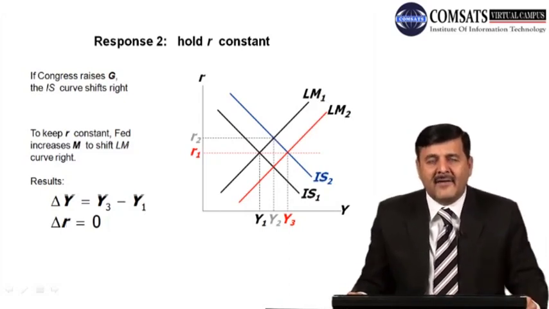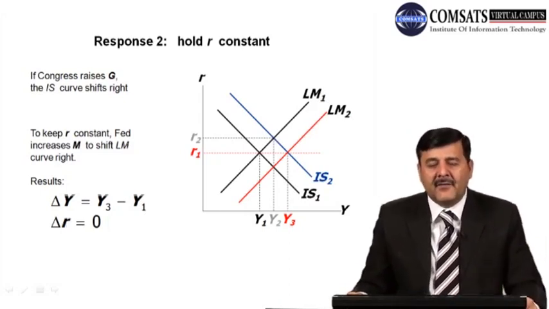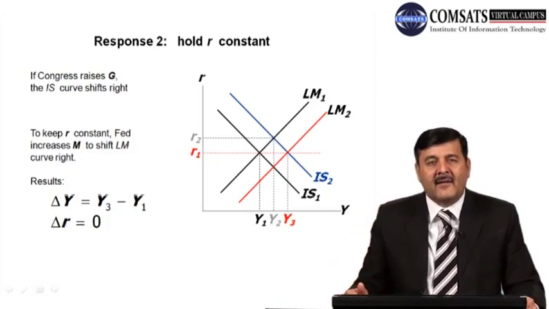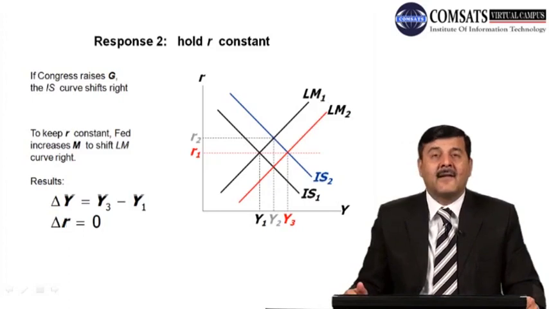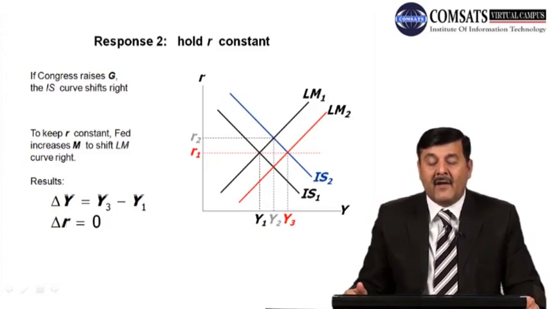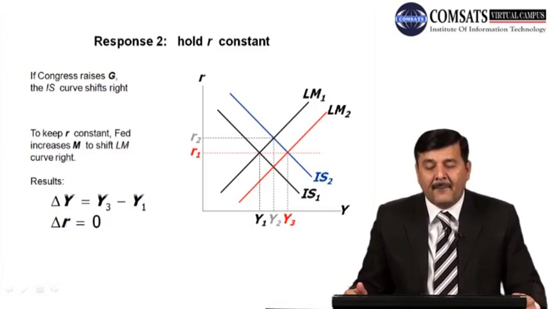What will happen to the IS curve? The IS curve will shift rightward from IS1 to IS2. This intersects the original LM curve, LM1, at a point where we have rate of interest R2 and income level Y2.